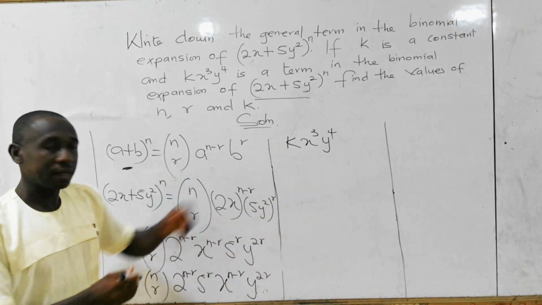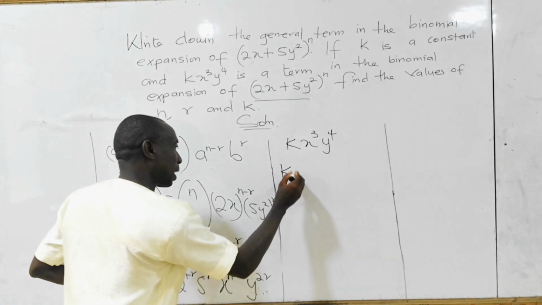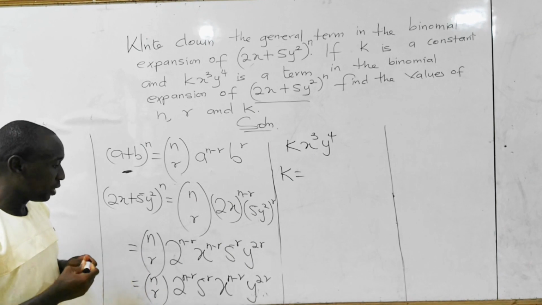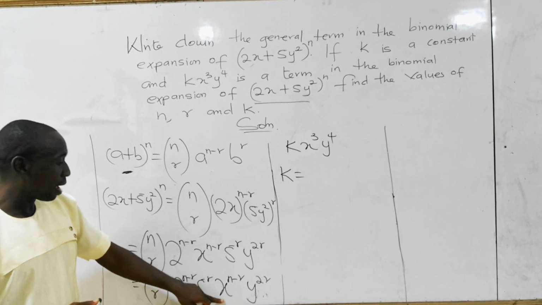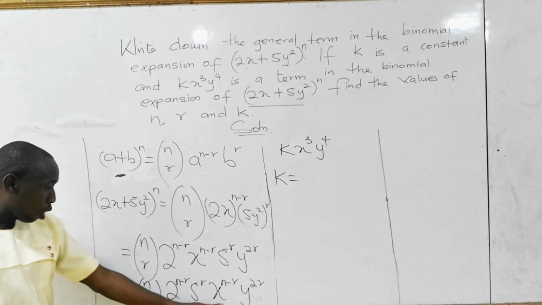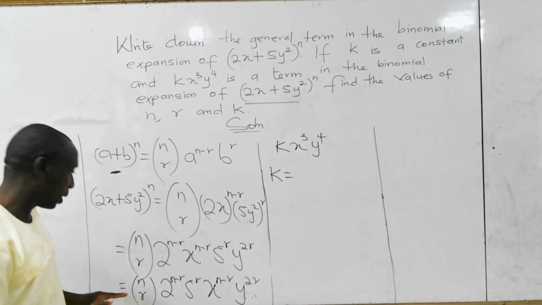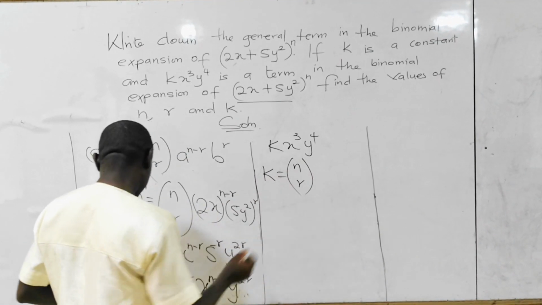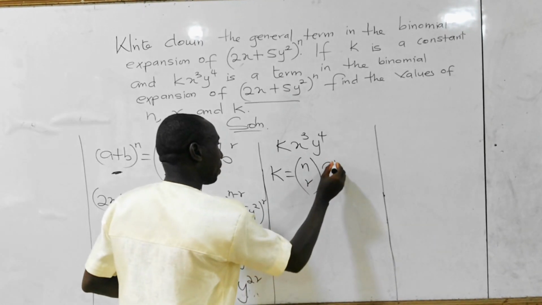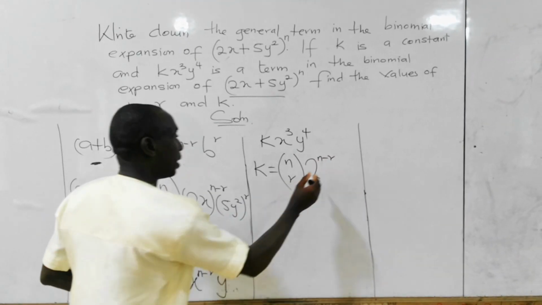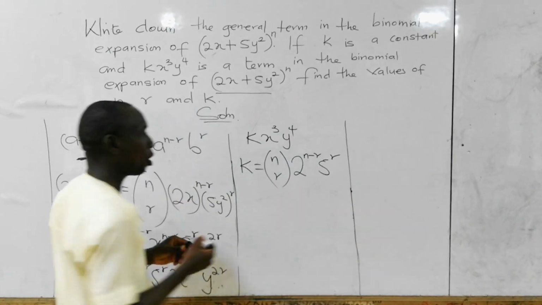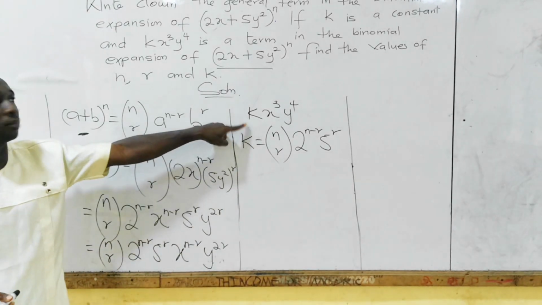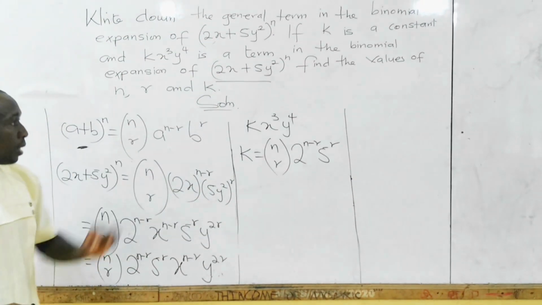The k here is the constant. From this expression, we have the x term, the y term, and the whole of this becomes the constant. So k becomes nCr 2^(n−r) 5^r. That will be our k, because k is a constant term according to the question.